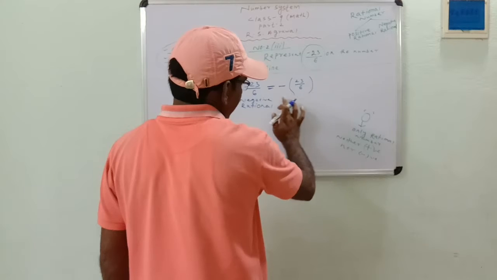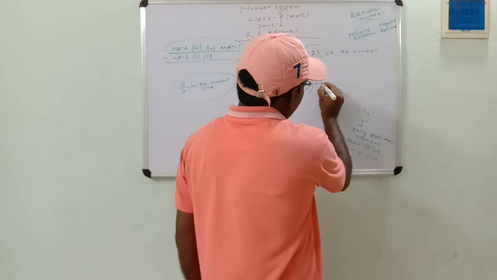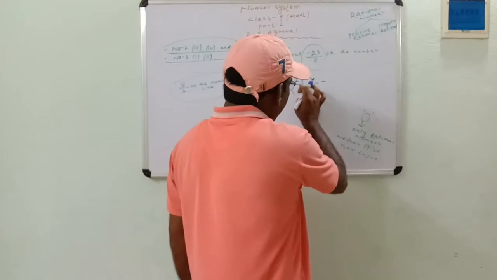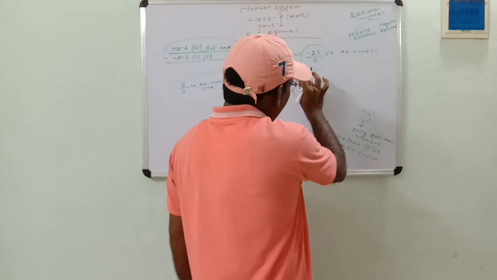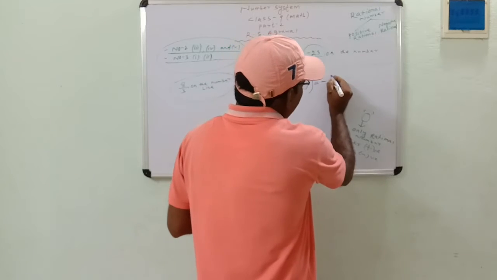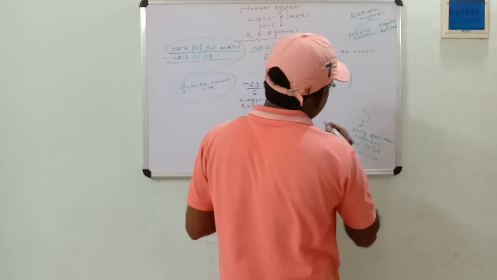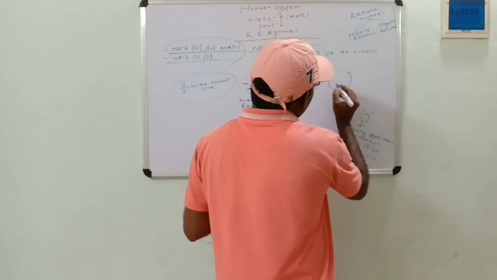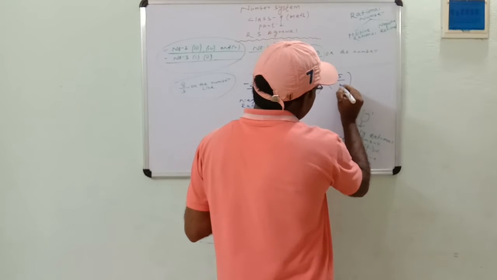Therefore the minus sign will remain the same and 23 by 6, which is an improper fraction, will be converted into mixed form, that will be 3 full 5 by 6.